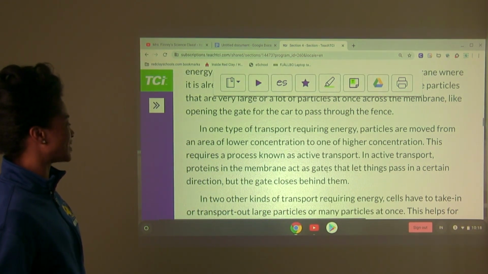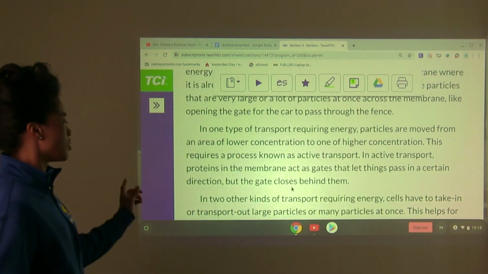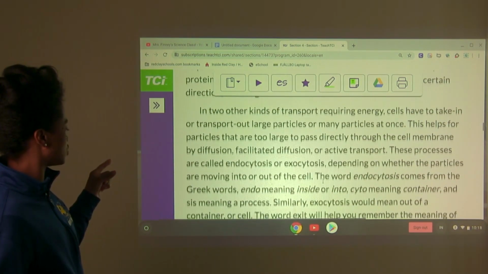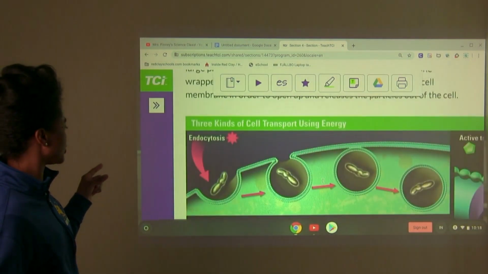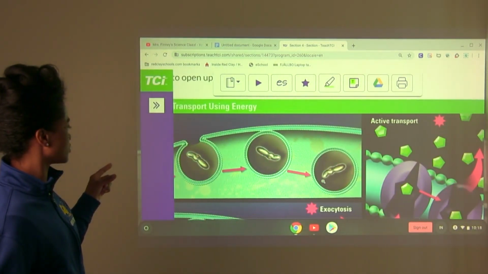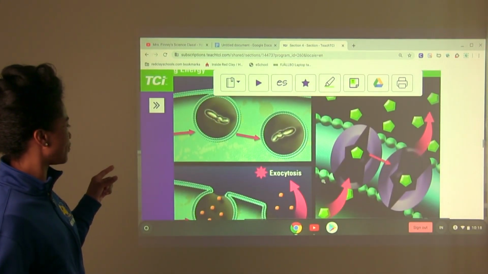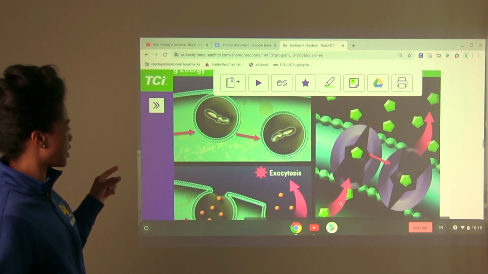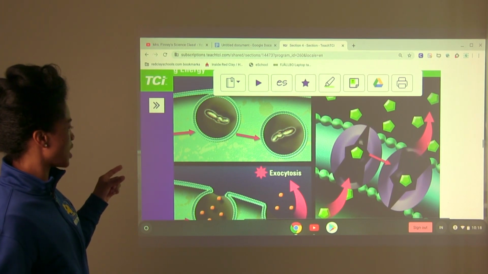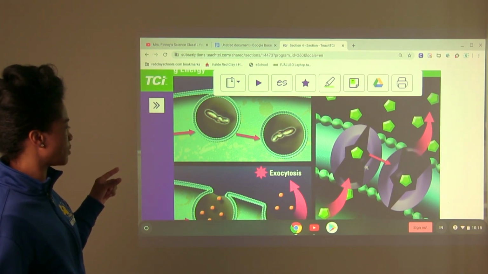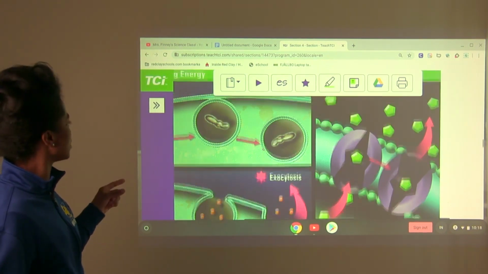Proteins in the membrane act as gates that let things pass in a certain direction, but the gate closes behind them. Let's go to active transport. See that? These purple pieces are protein, okay? And these are larger pieces. You should be able to notice these pieces are a lot larger, okay? So they need a little help.